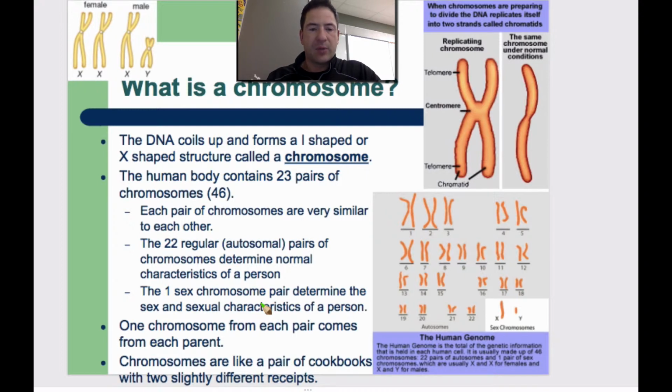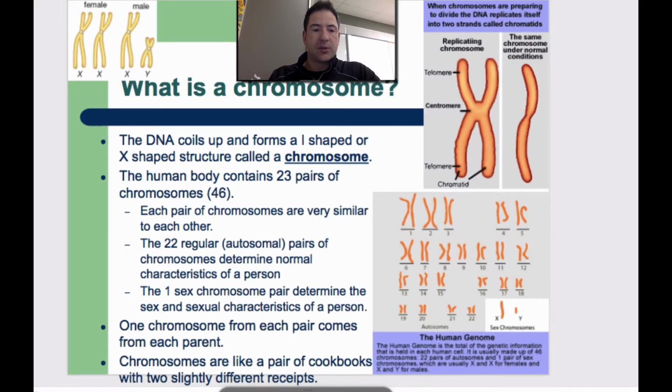Remember, females are going to have an XX, whereas males are going to have an X chromosome and a Y chromosome. So a little different, and we'll show a Punnett square later that talks about how that arrangement occurs, because at the point of fertilization, the sex of the zygote and eventually the offspring is determined.